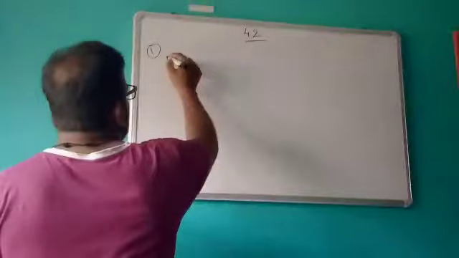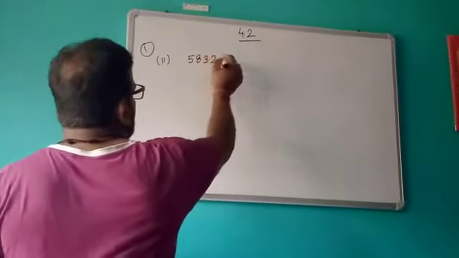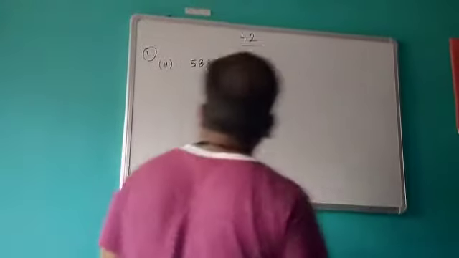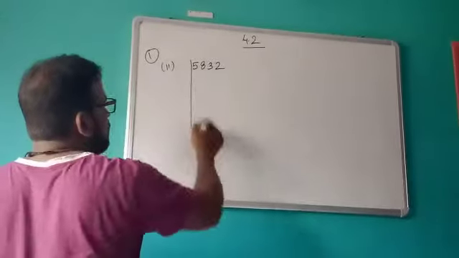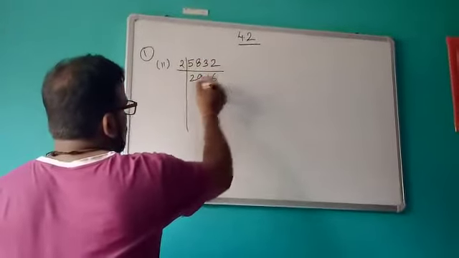So suppose one number is there, 5832, and we have to find its cube root. So what we will do, first we will do the prime factorization of this number like usually we are doing.